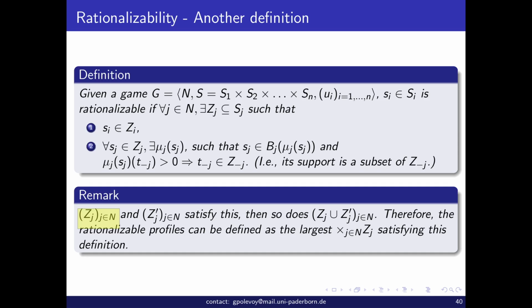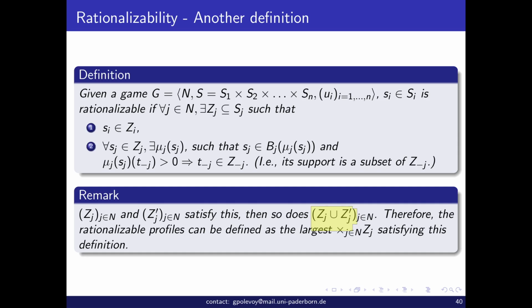It's either in Zj or in Z prime j. Maybe in both, but then we just take any. And in any of them, we have this distribution mu j, which has support in the other j's, in particular in the union. So by the definition, the n-tuple formed by uniting Zj with Z prime j is also an n-tuple which satisfies the definition.